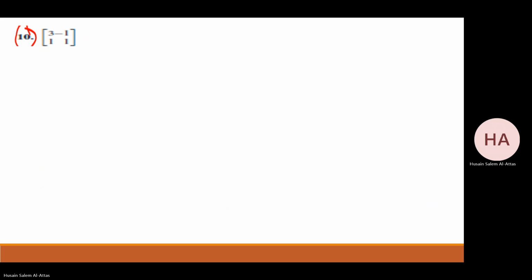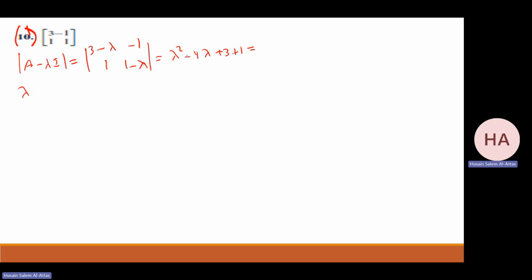Then do the same. A minus lambda I: I have 3 minus lambda, minus 1, 1, 1 minus lambda. That gives me lambda squared minus 4 lambda plus 3 plus 1, which is lambda squared minus 4 lambda plus 4, which is lambda minus 2 squared. So lambda will be 2, 2.